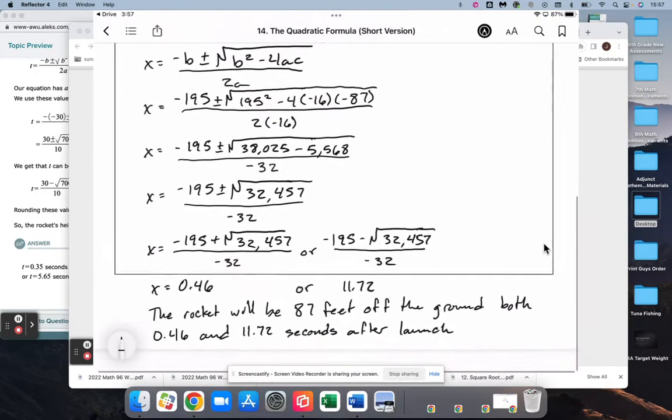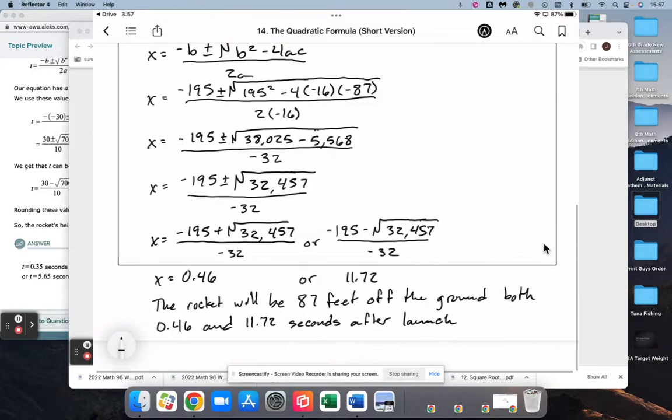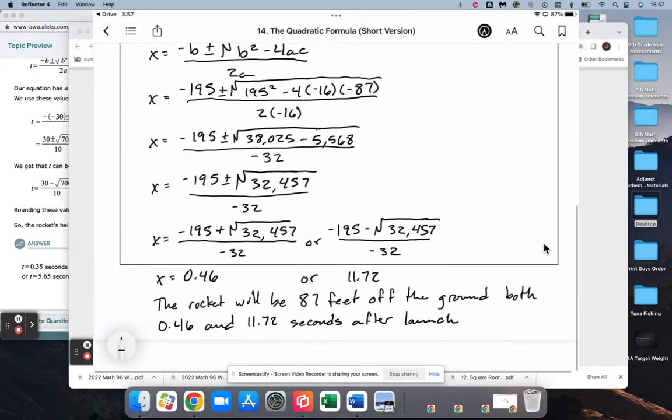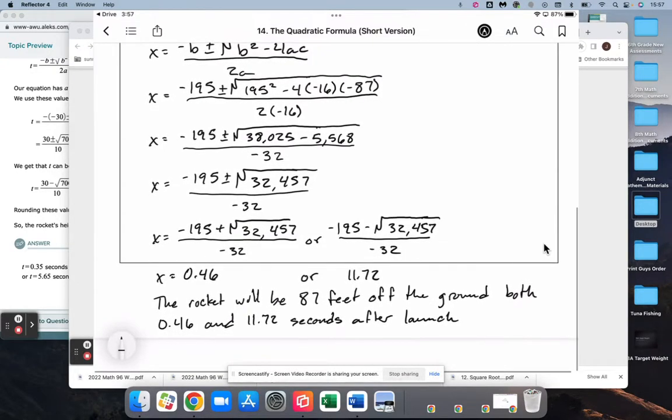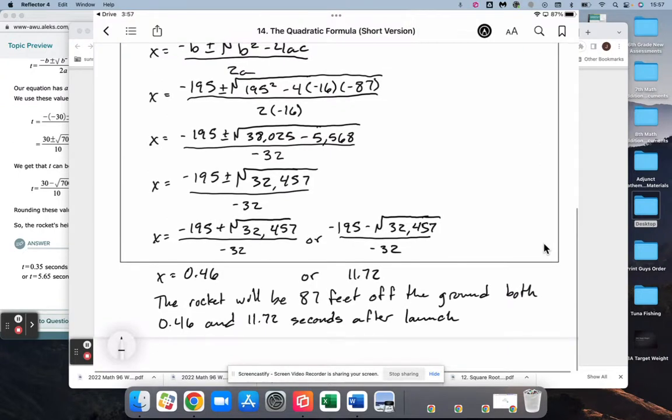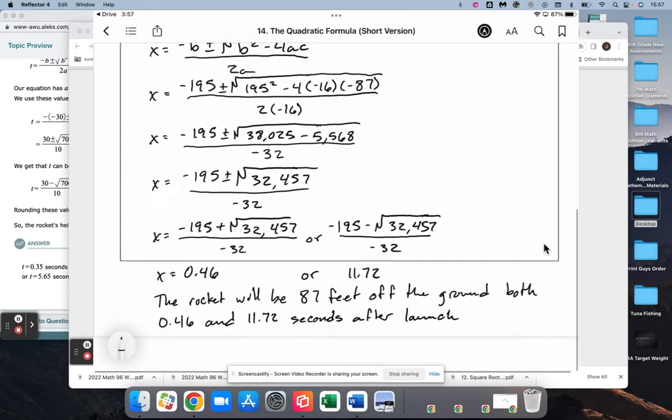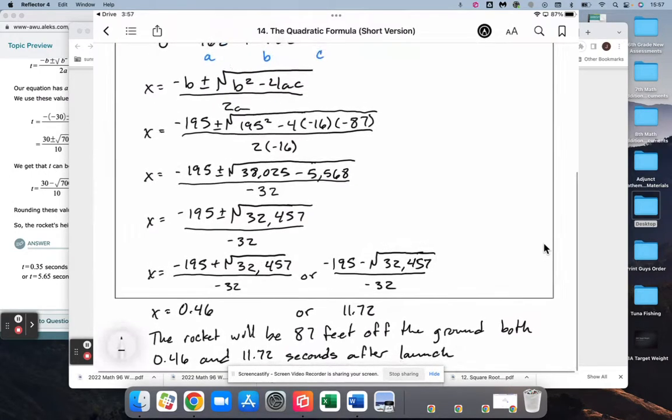This is because at 0.46 seconds, it's going up and passes 87 feet on its way up. And then at 11.72 seconds, it's on its way down and it passes 87 feet of height on its way down.